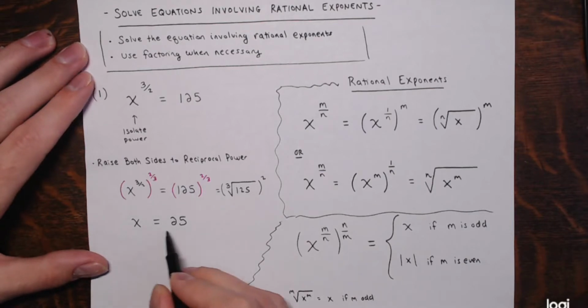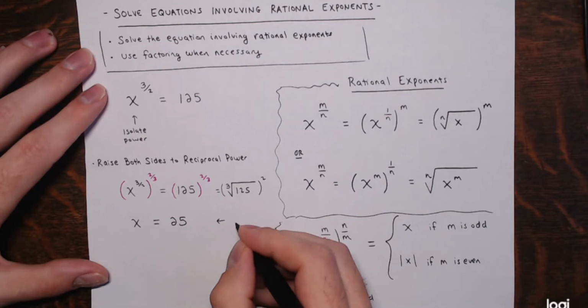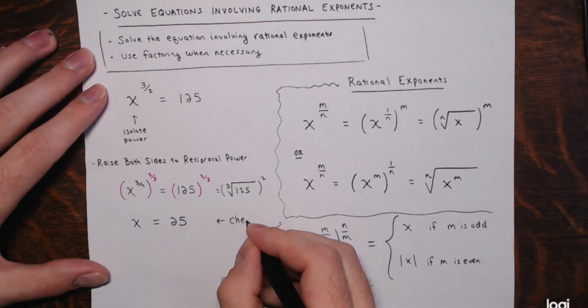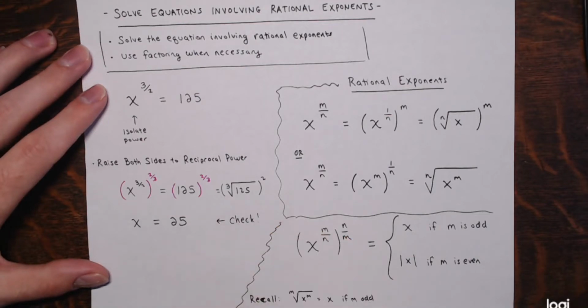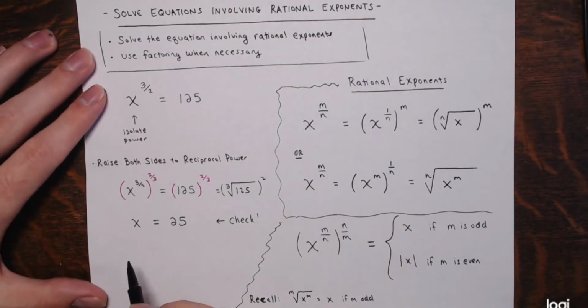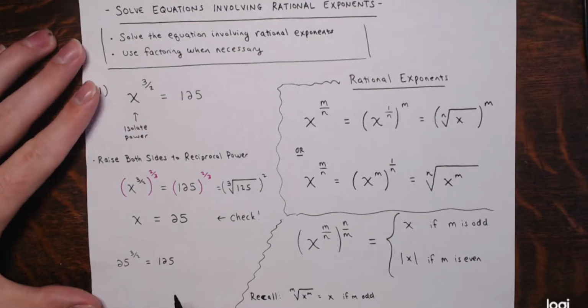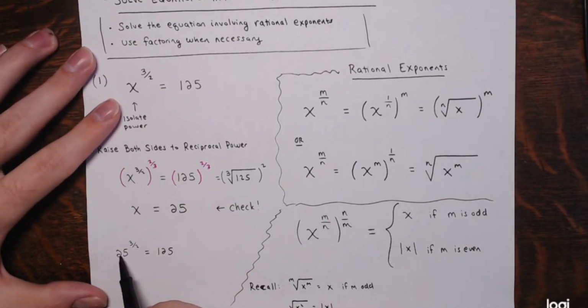So here's a possible solution. And let's not forget to check this. Always check it back in the original equation. Now, we'd have 25 to the 3/2 power equals 125. Is this true? Now 25 to the 3/2, the denominator is 2 on this power.